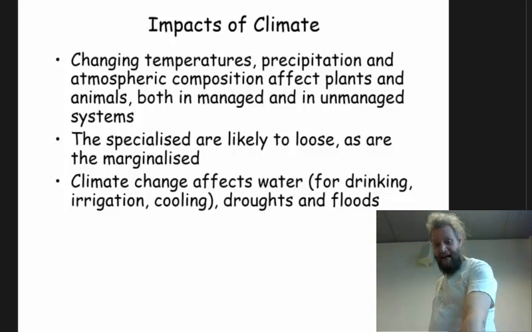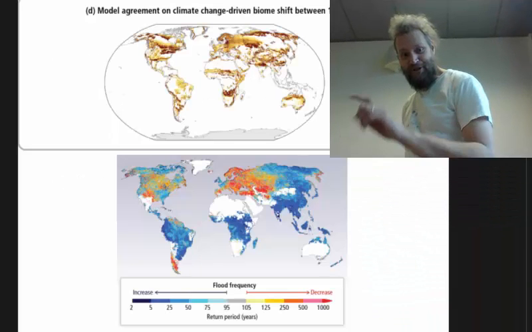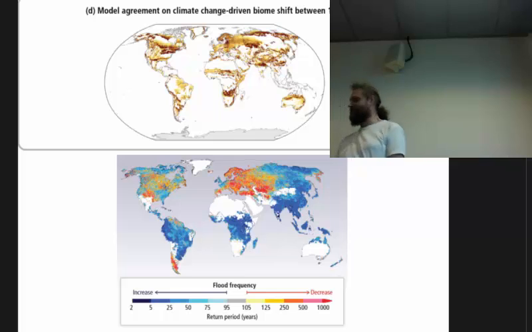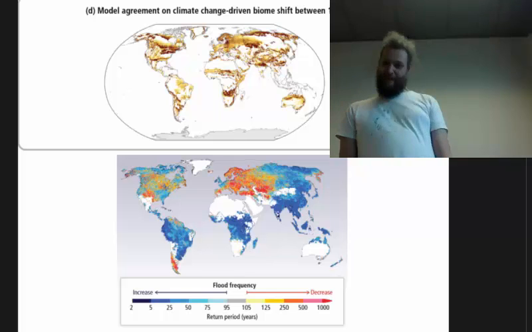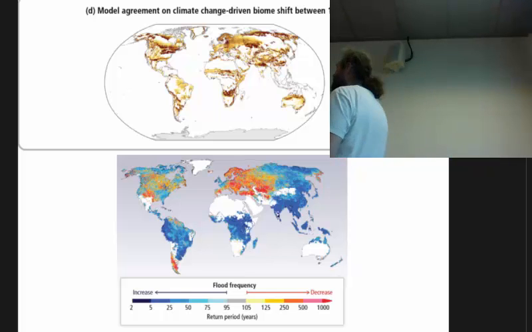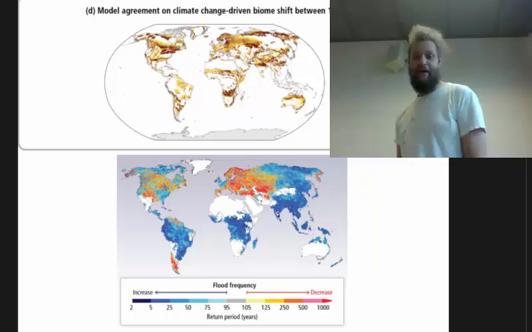And then to continue the story with water resources, there's droughts and floods. I spoke about that 2 weeks ago. This is a different graph. I now focus on the bottom map. In red, you're looking at those areas where flood frequencies would decrease.